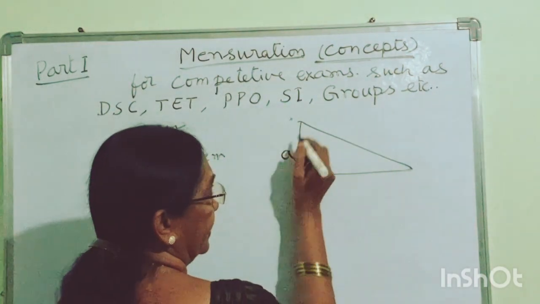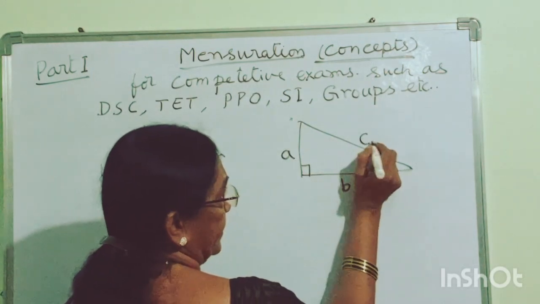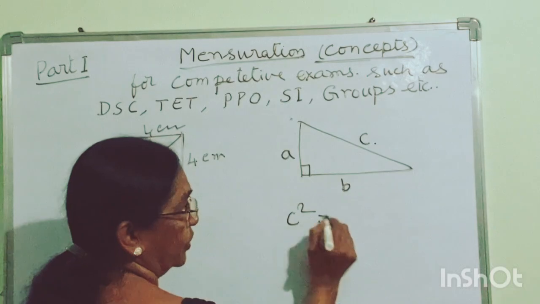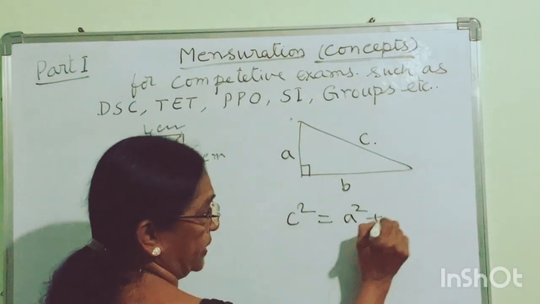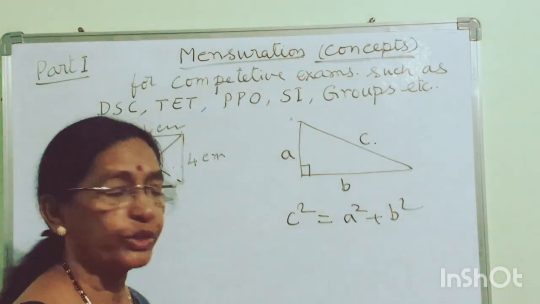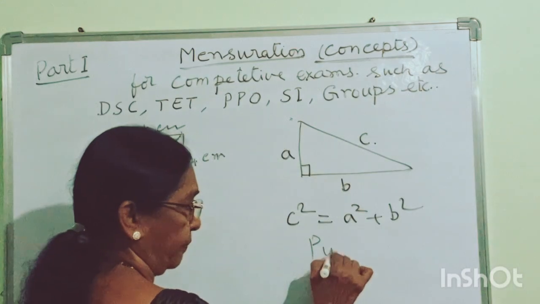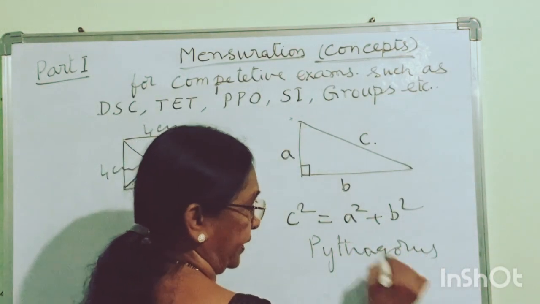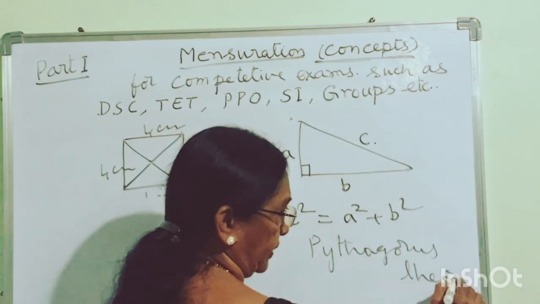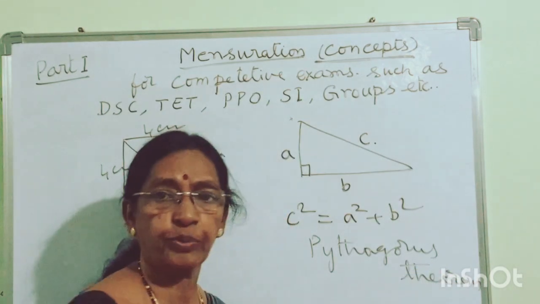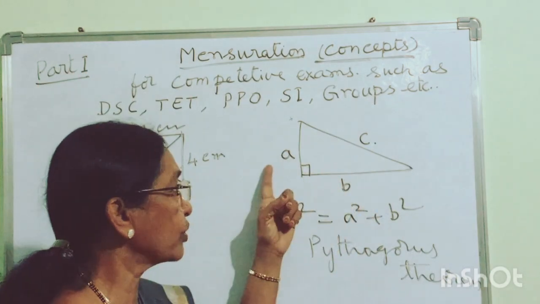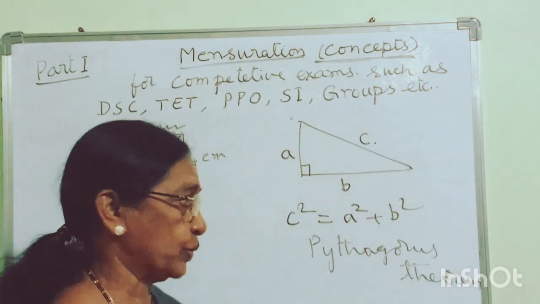Let the sides of the triangle be A, B and C. So C is the diagonal. C square is equal to A square plus B square. This is the Pythagoras theorem. According to the Pythagoras theorem, in a right angle triangle, the square of the diagonal is equal to the sum of the squares of the other two sides.